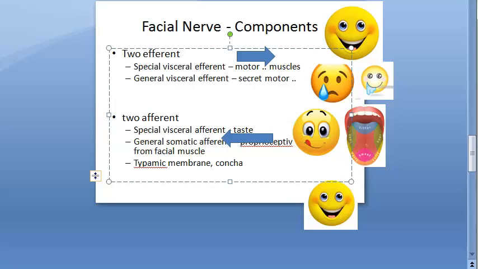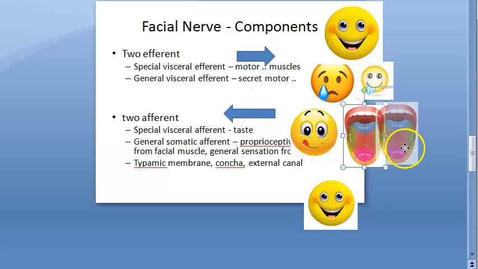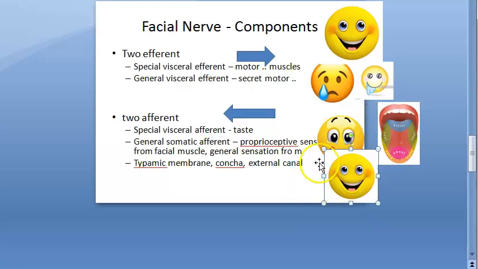Then from the ear canal also, the external canal. From all these places it will get the information, right? So general sensation from all these parts. So you know what these parts are, right? Or we should explain that.